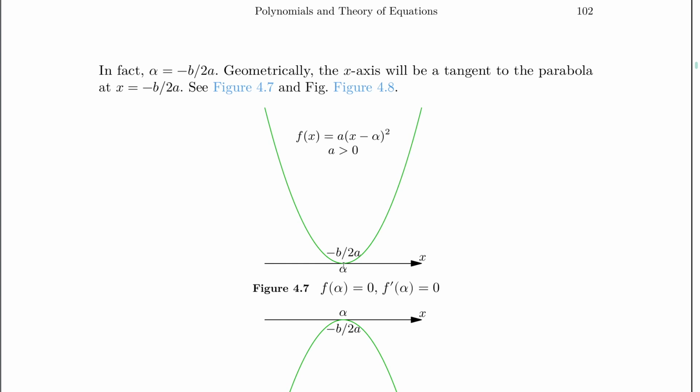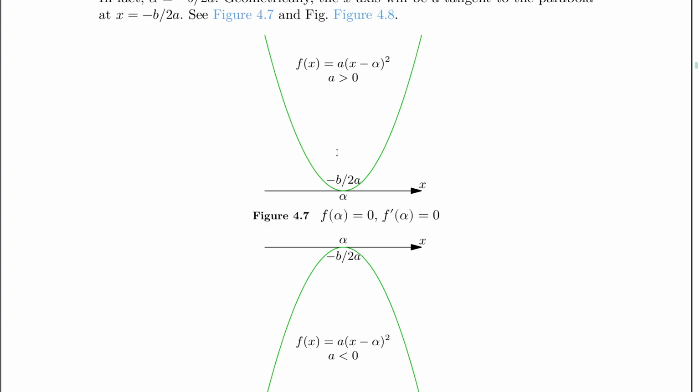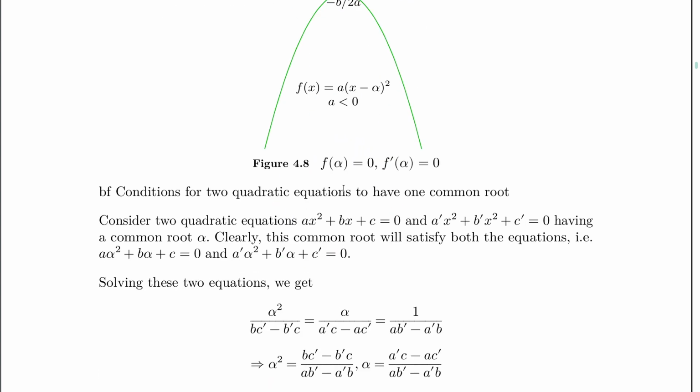By touching, we will have only one point of contact, that is, the value of x will be minus b by 2a. That is the only possible root for the parabola in both cases. It does not matter whether a is greater than 0 or a is less than 0. Alpha is equal to minus b by 2a is the only possible root which can repeat itself. There is no other value.